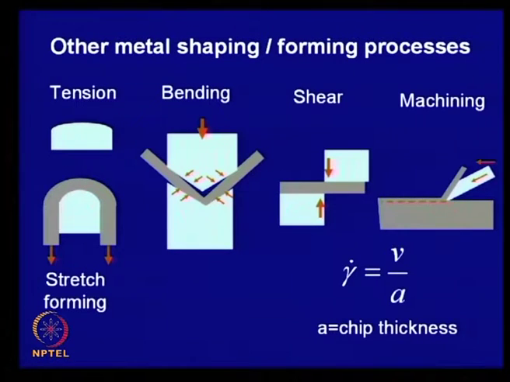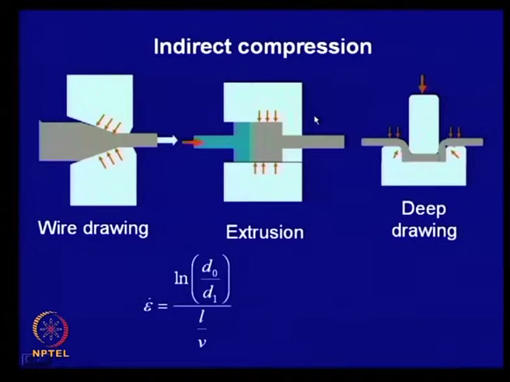Similarly, there are many other forms of metal shaping. In the previous one, this is indirect compression. Here you see apparently we are applying tension, but the ultimate load is compression.